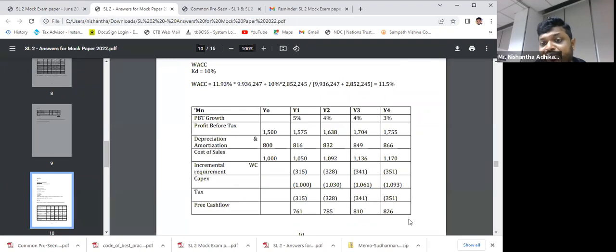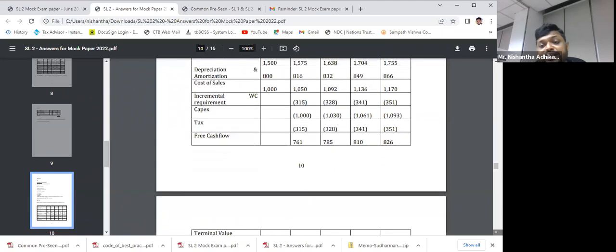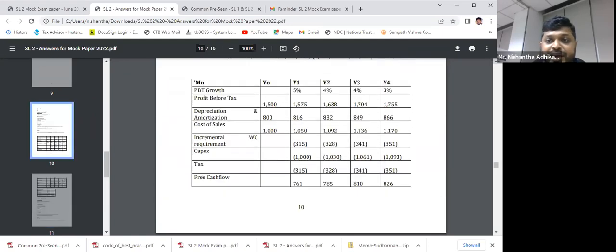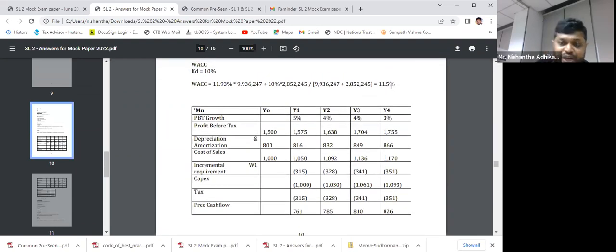Then the free cash flow after the final year, which will be grown at a continual rate, that means terminal value. How to calculate terminal value? The weighted average cost of capital is given here at the rate 11.5.